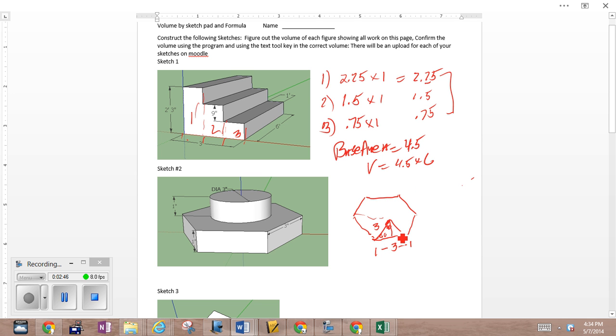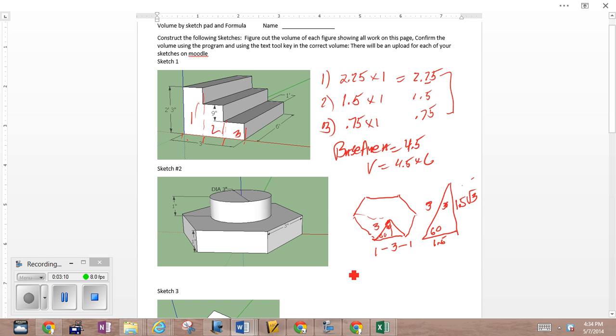I'm going to take that triangle and blow it up a little bit. Here is that one triangle with the 60, there's the 30. The radius here is also the hypotenuse, which is 3. This length is 1.5, and this length, which we need, the apothem, is 1.5 root 3.